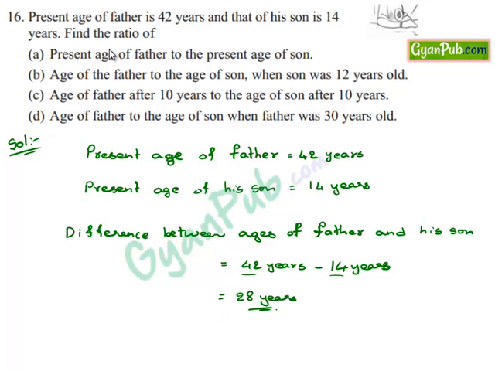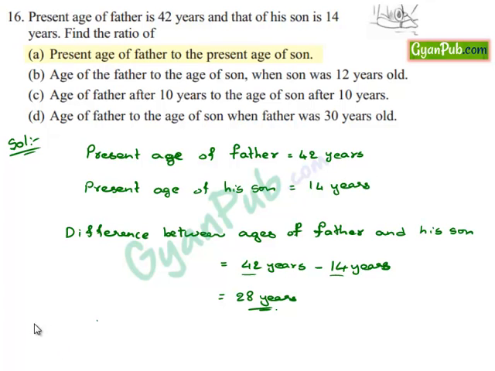Now we have to find the ratio of the following. We know that the comparison of two quantities of the same units is called ratio. Here we are comparing the age of father and the age of his son, and these two have the same units, that is years. Therefore, we can compare them.